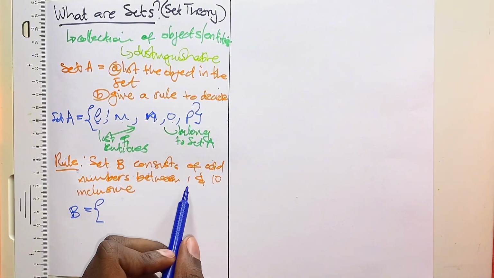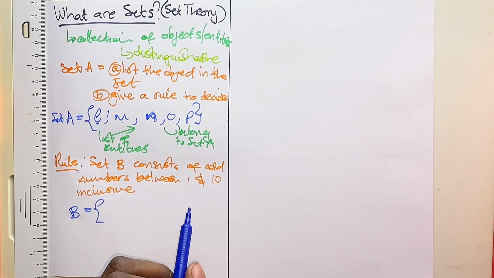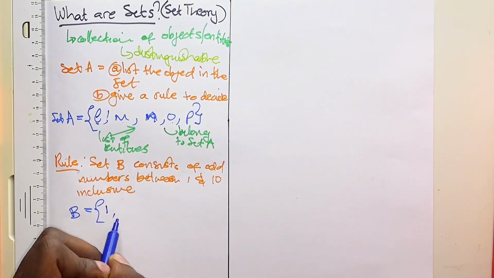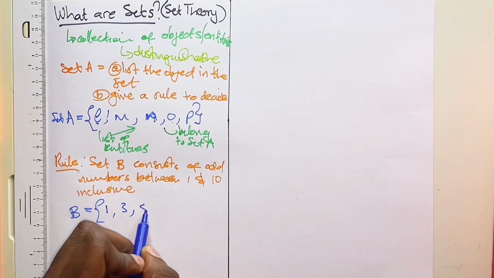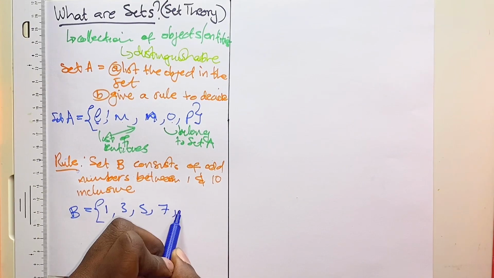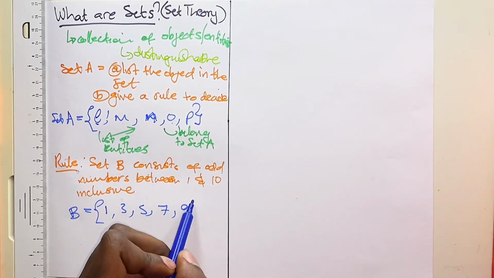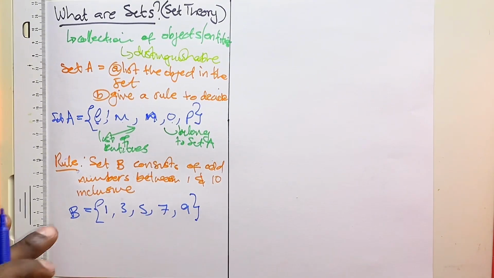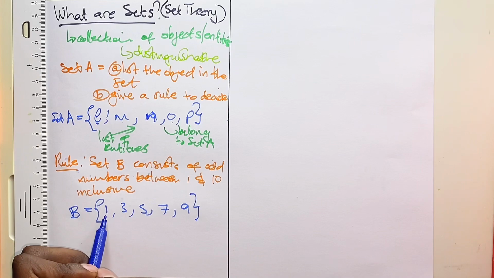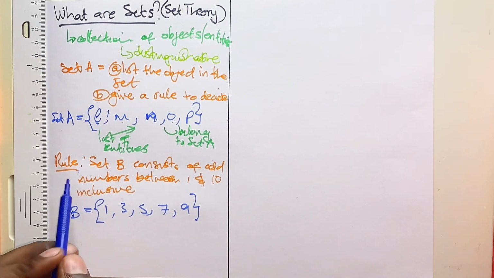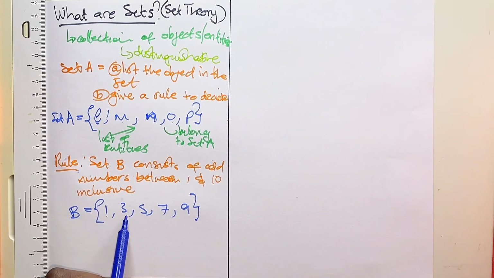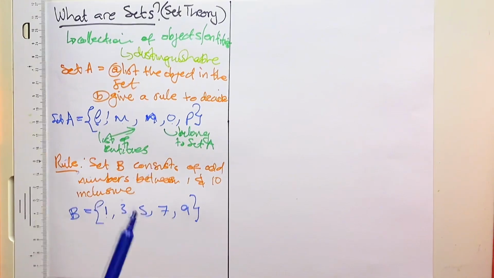Now, between 1 and 10, what are the odd numbers? I will have 1, 3, 5, 7, and 9. 10 is an even number, so it does not belong to my set B. So out of all the numbers between 1 and 10, my rule can decide which ones belong to my set.